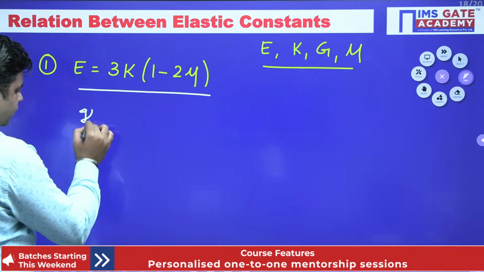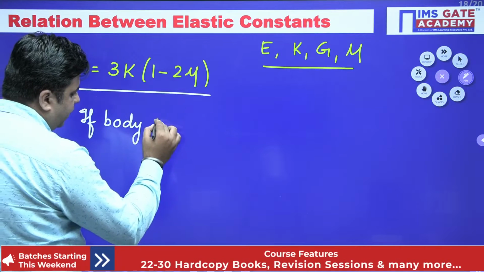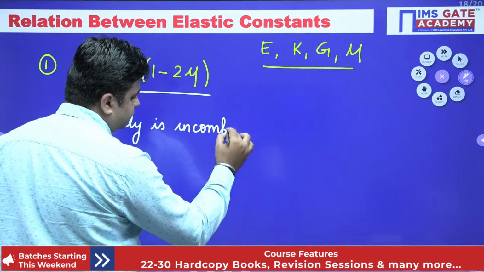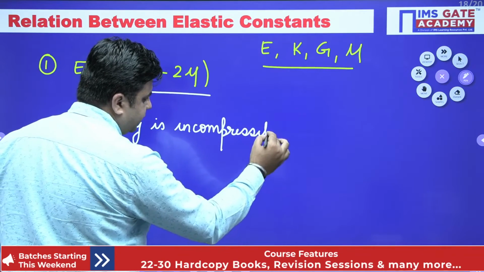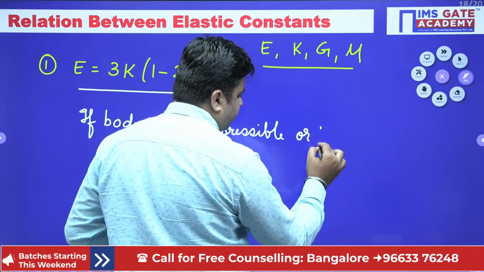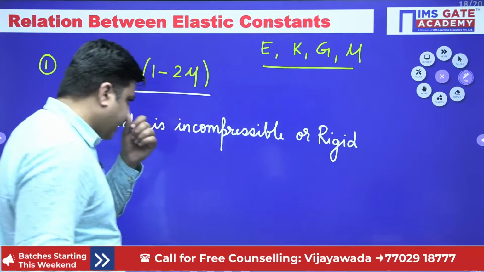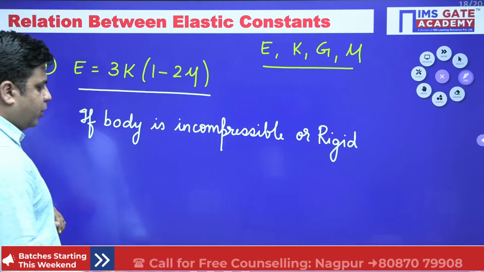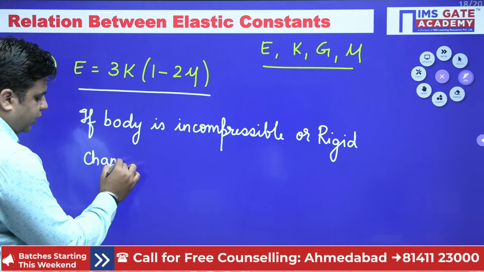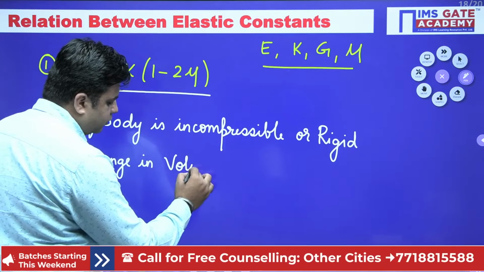If the body is incompressible, or rigid, for such types of bodies, the change in volume is zero.